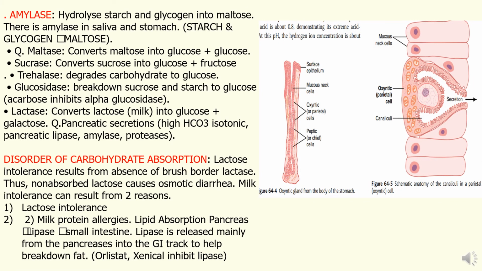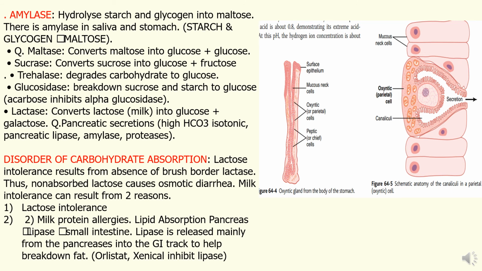So amylase hydrolyzes starch and glycogen into maltose. There is amylase in saliva and in the stomach. Maltase acts on maltose, converting it into 2 glucose molecules. Sucrase converts sucrose into glucose and fructose. Trehalase degrades carbohydrates to glucose. Glucosidase: breakdown of sucrose and starch to glucose.